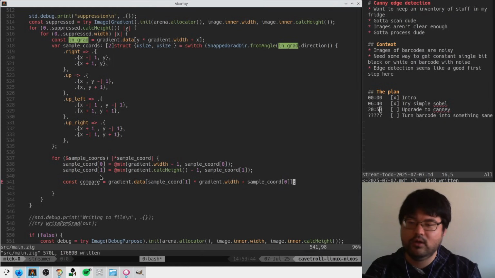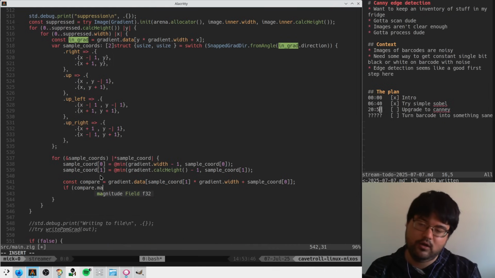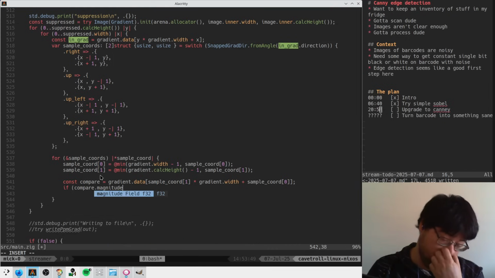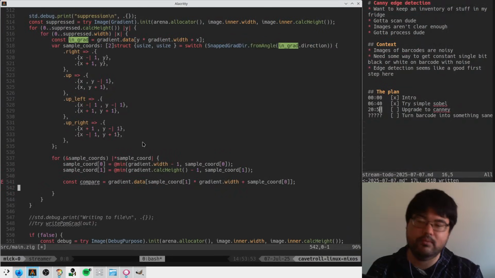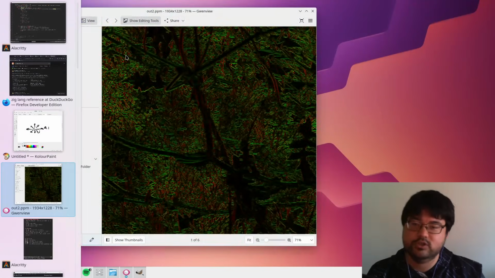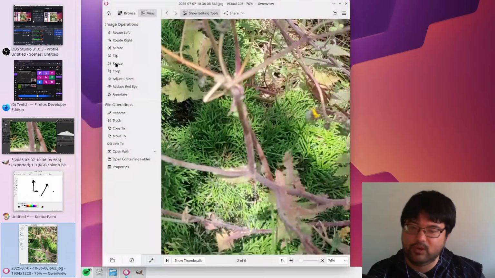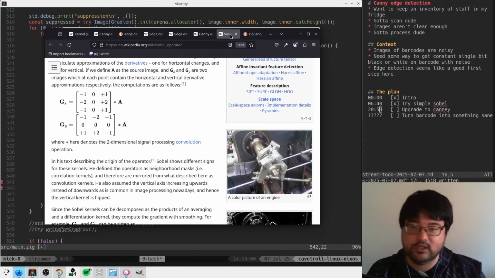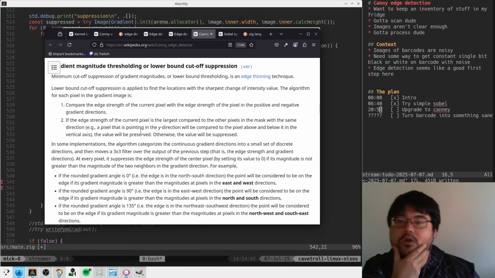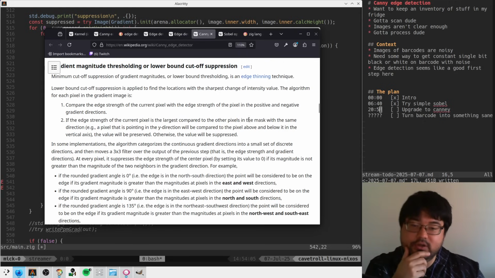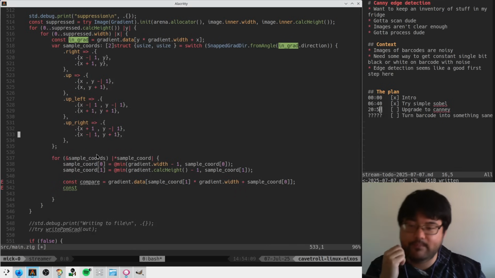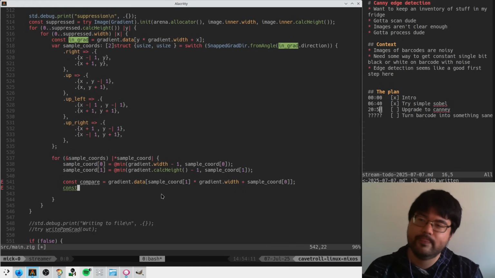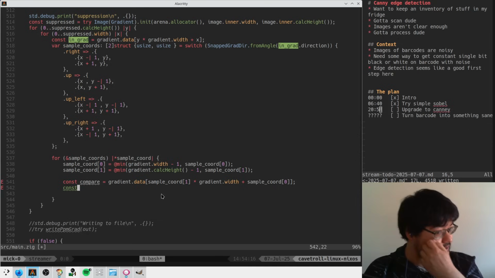Compare magnitude. Does it have to be the same direction? Probably, right? We only care if it's going in the same direction. It seems like almost certainly. Yeah, same direction. Okay. So we're close.